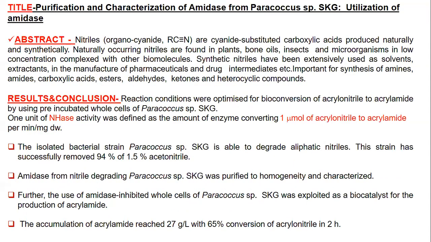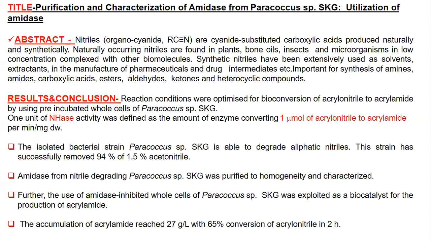The second title is Purification and Characterization of Amidase from Paracoccus species, Utilization of Amidase. The abstract says nitriles are compounds with a cyano group, and that's why they are a little toxic and chemical synthesis is difficult. They are produced both naturally and synthetically.